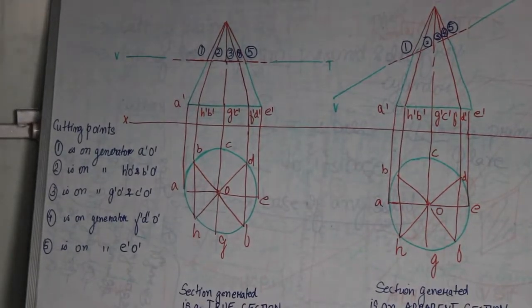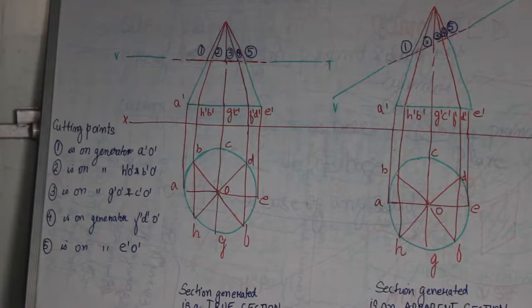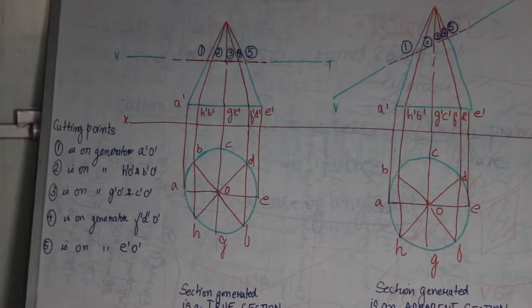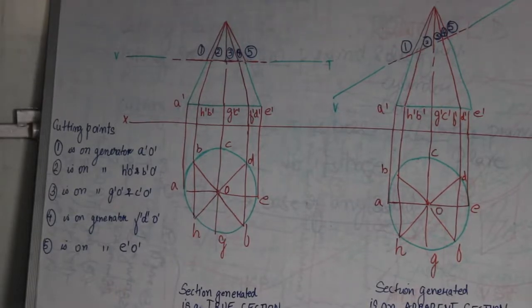You will have to drop the projections in the form of straight lines from all the cutting points named 1, 2, 3, 4, 5 onto the horizontal plane. In the top view you can see the circle for both of the drawings. You will take the projections as straight vertical lines and drop them onto the generators that you can see in the top view.